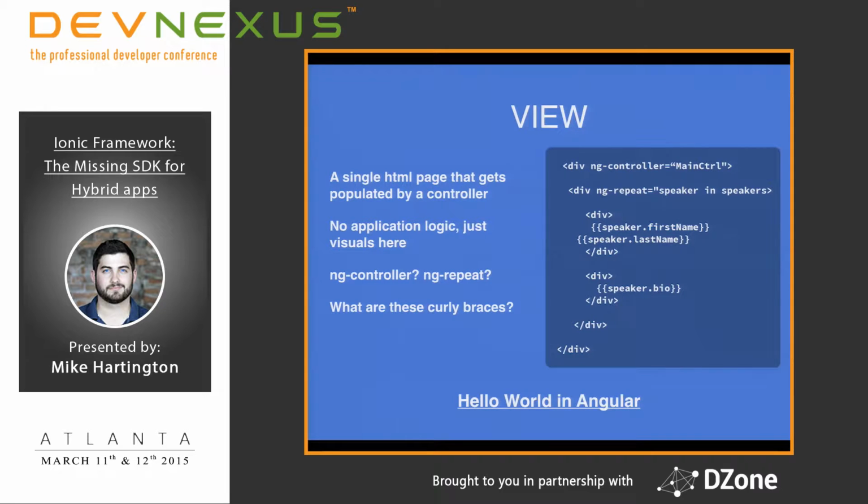So what are these? The ng-controller is essentially a great way to say, hey, that last controller that we made, we want it to affect only this div element. Everything between here and here, we want to be scoped to that element.